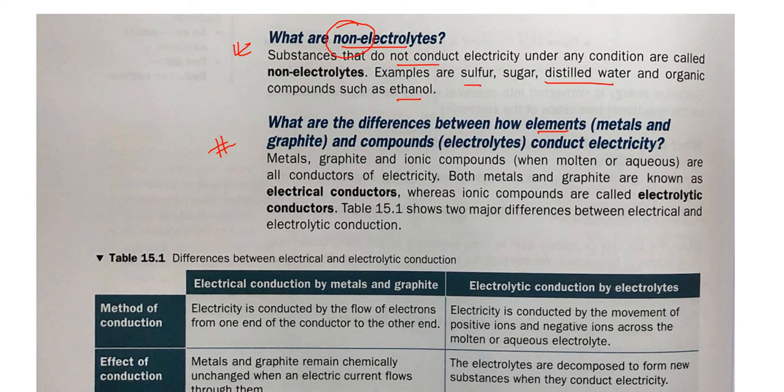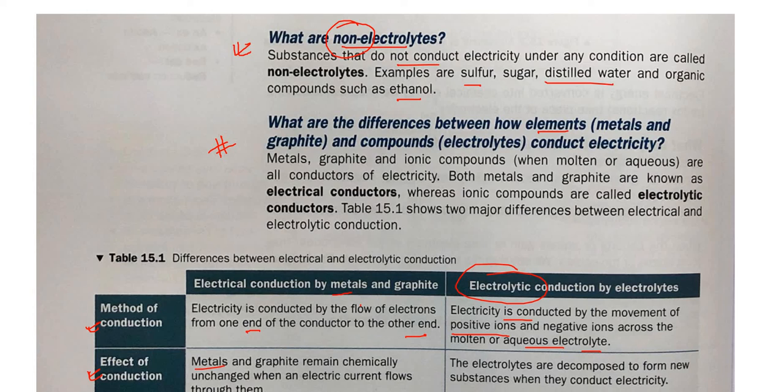As you can see, the metal has free electrons, so the method of conduction in a metal is the flow of electrons from one end of the conductor to the other end. However, in electrolytic conduction, electricity is conducted by the movement of positive ions and negative ions across the molten or aqueous electrolytes. So obviously in the metal there will be electrons, but in electrolytic conduction there will be ions.